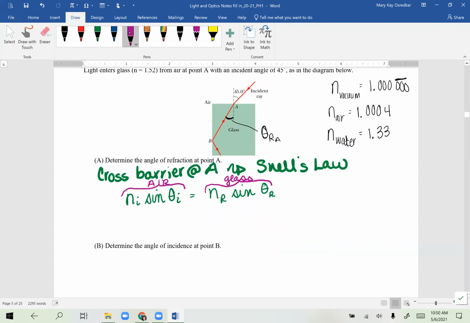So this would be N for air times the sine of theta in the air divided by N for glass, which would equal the sine of the angle in the glass.